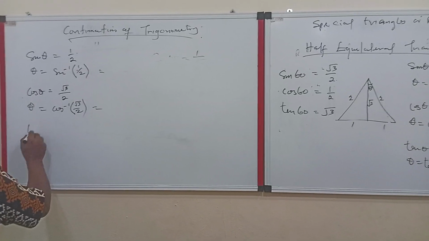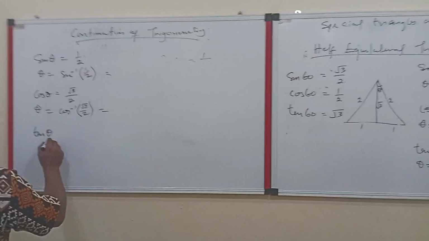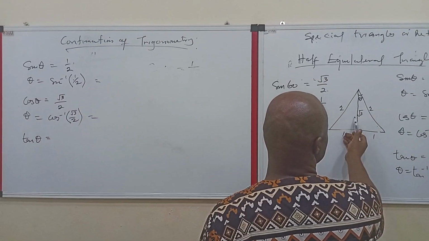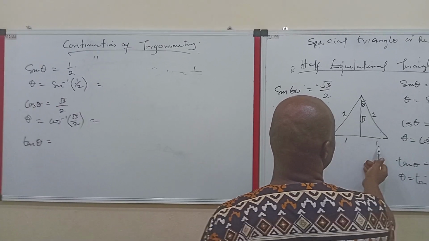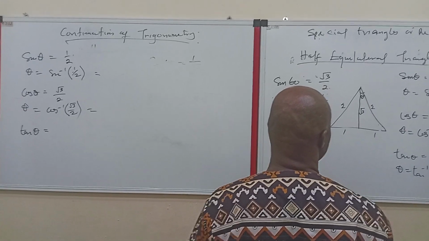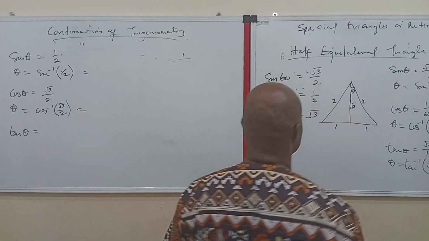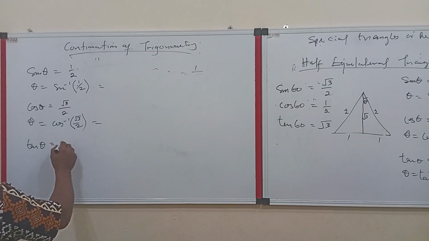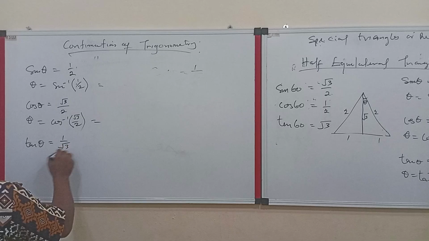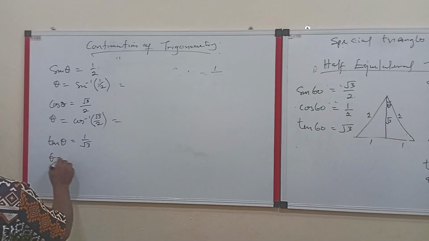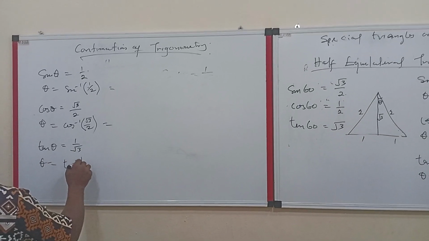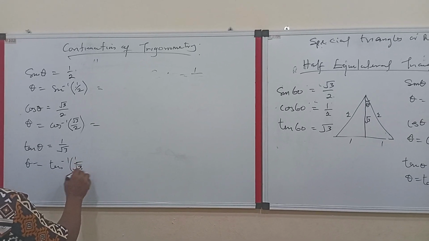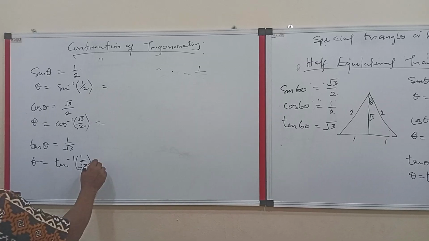Then we also have tan theta, which is opposite over adjacent. Opposite, which is 1, all over adjacent, root 3. So that theta becomes tan inverse of 1 all over root 3.